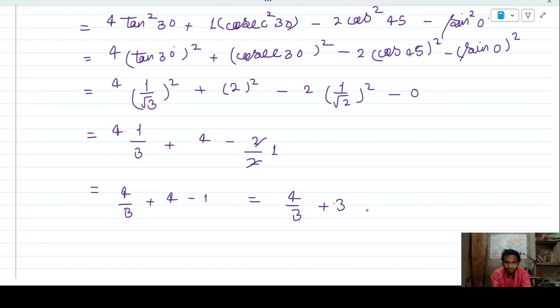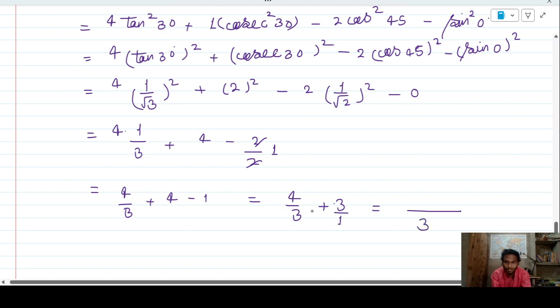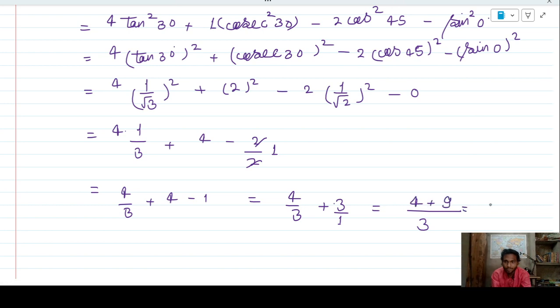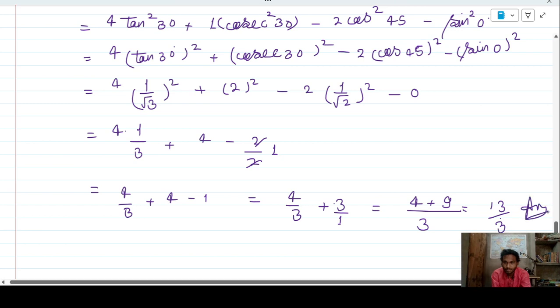Then solve by LCM 3: 4 plus 3 times 3 is 9, 9 plus 4 is 13 upon 3. This is the answer.